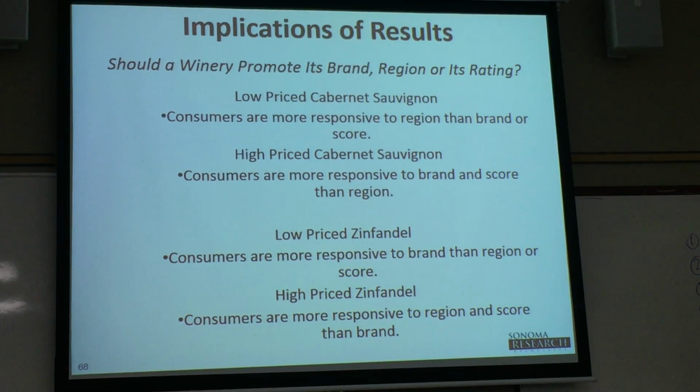If you're a higher price cab, you brag about your score. For Zinfandel, to me, it's all about brand. Again, I'm somewhat suspect of these results because we just didn't see a whole lot of behavior. So I would say for both high price and low price Zins, it's more about brand than anything else. What did you consider high price versus low price?